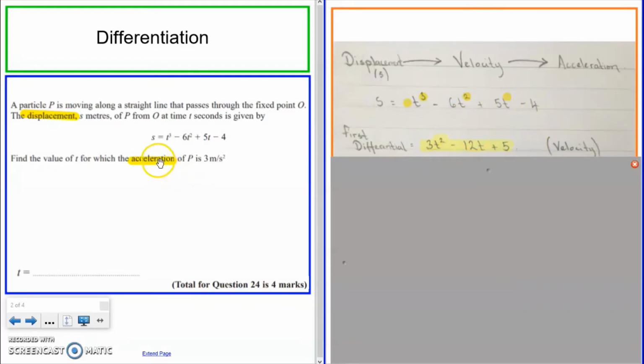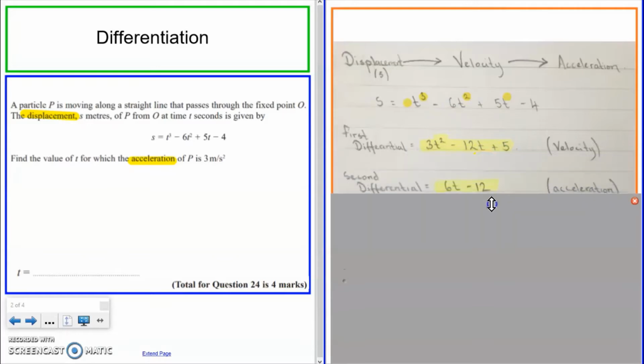But the question's asking me about acceleration. So I need to go ahead and differentiate again to find the second differential. So this time I'm going to differentiate this bit of algebra. So my second differential, which represents the acceleration, is 6t minus 12.